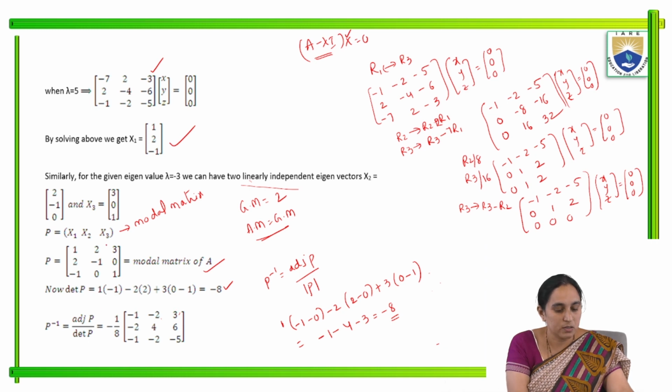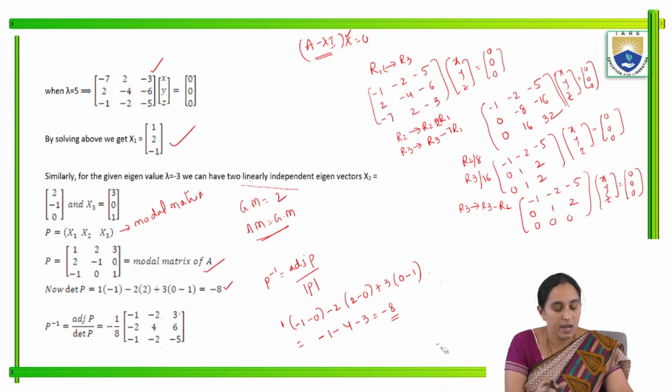Next, for 2, neglecting the corresponding row and column, we get minus 2. Next, this minor is 4 and this minor is 6. Similarly, the minors are minus 1, minus 2 and minus 5.